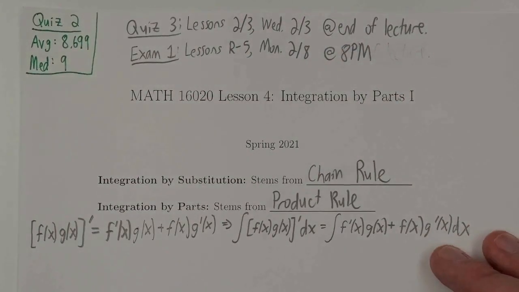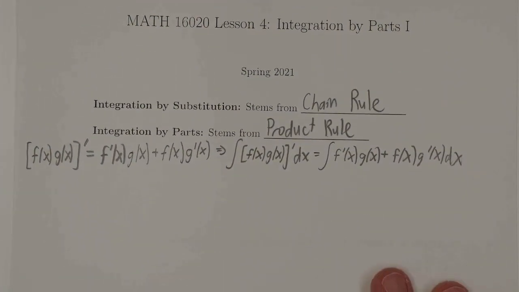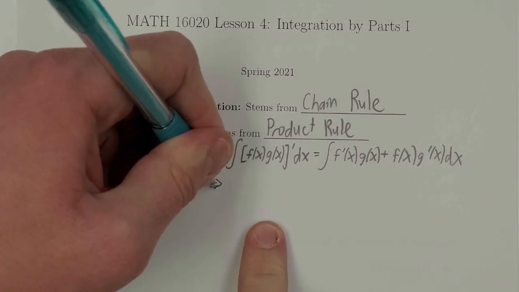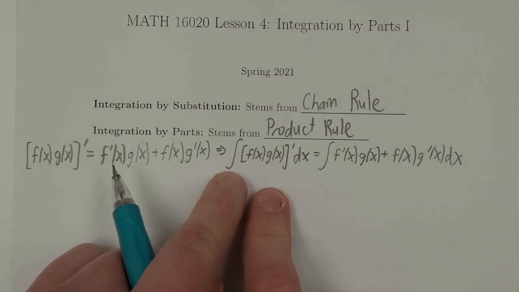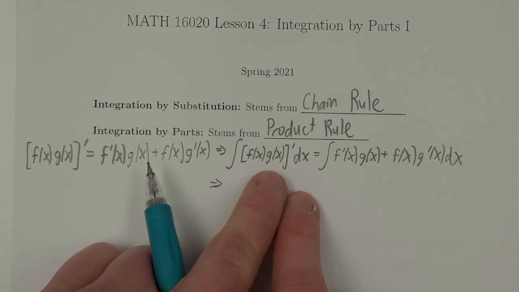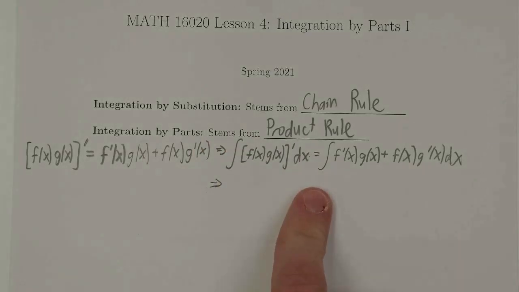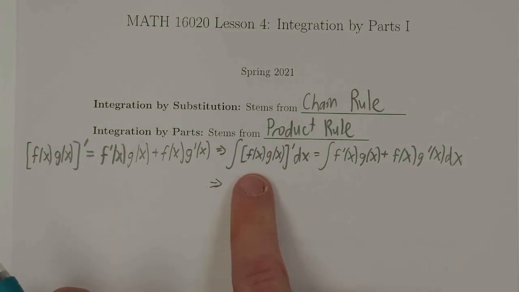Here's what's happening with this. On the left-hand side, we have the antiderivative of the derivative of some expression. What should that tell you about how this simplifies?